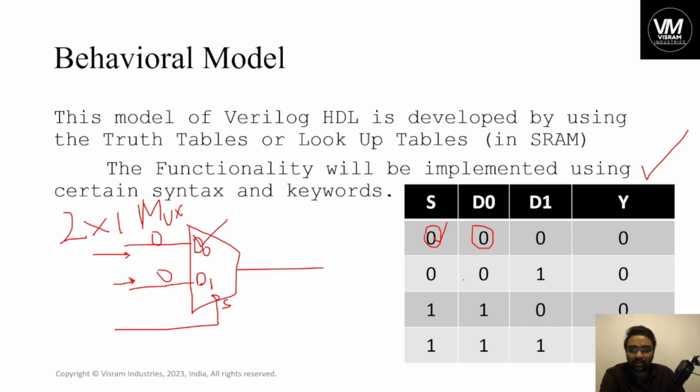Selection is 0 again, and D0 is 0 again. The output follows the first input. Got it, guys?